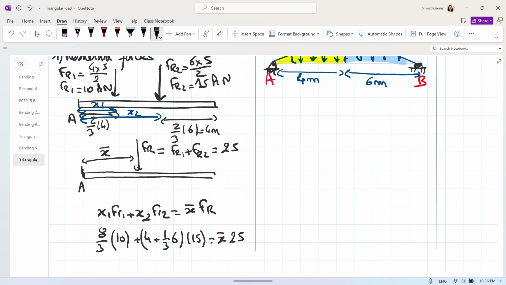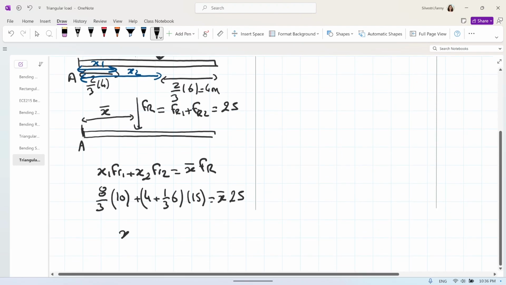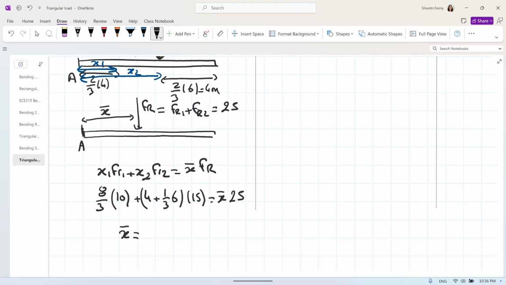Okay, and solve that, and we will get X bar equal 4.67, I think. Yes, 4 plus 2/3, or you can keep it as 14/3 meters. Let's try to keep the exact number. I just checked that one. Here we go, that's correct.